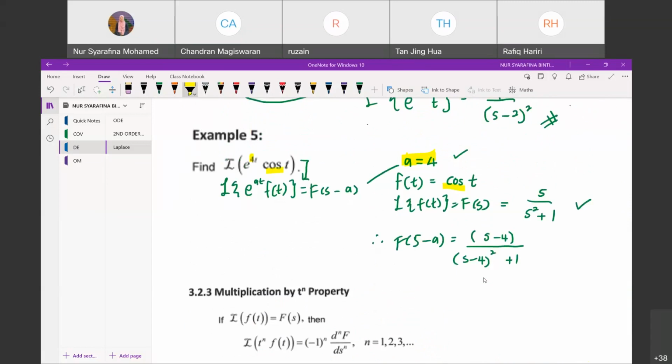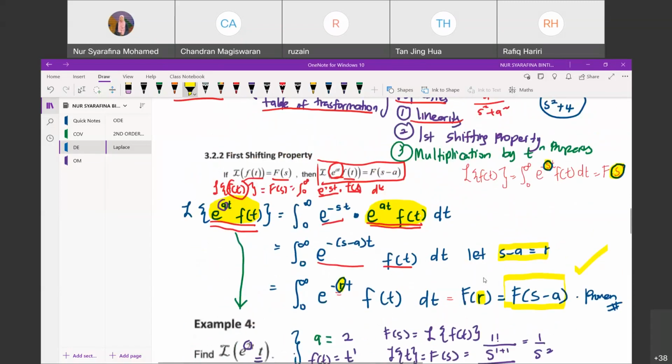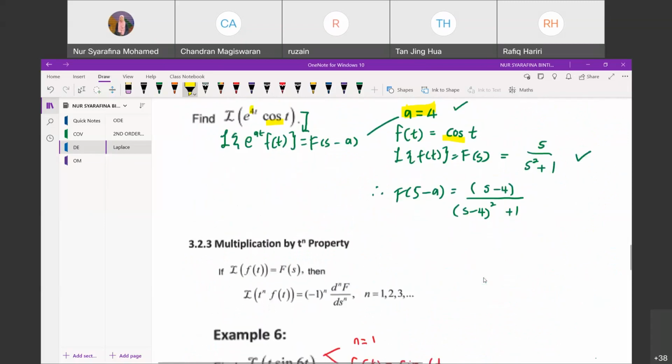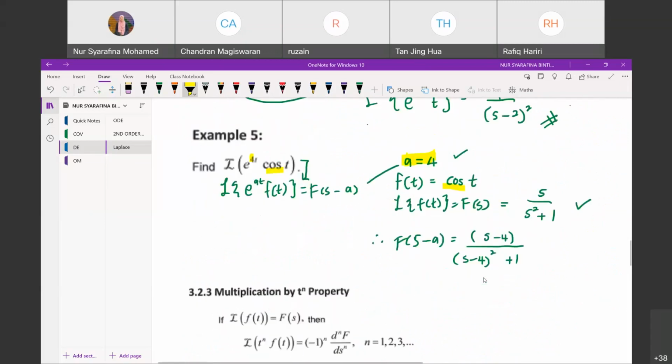In first shifting, we have exponent at times f(t). Now, multiplication by t^n is given where you have a function combined with t to the power of n.